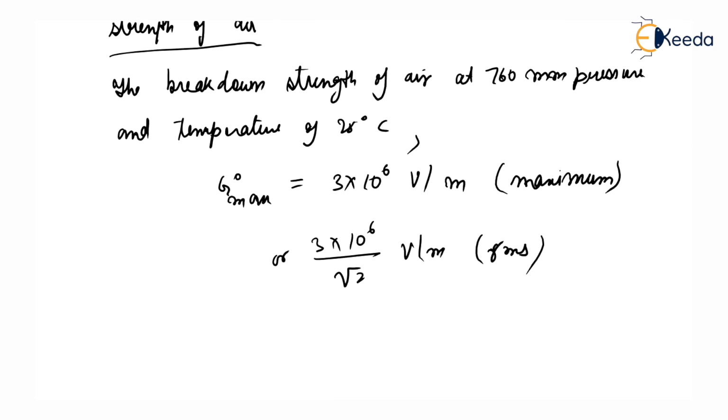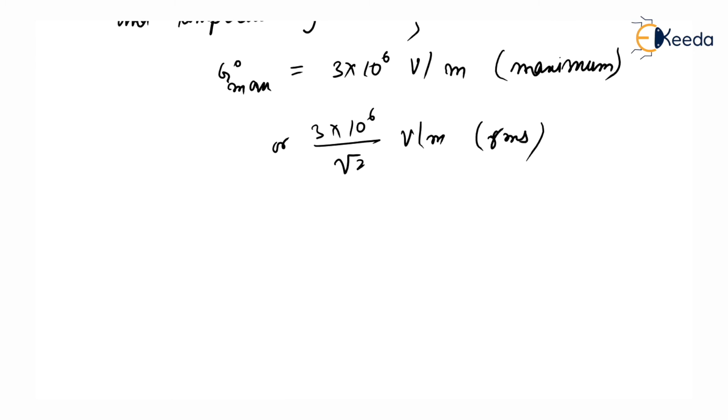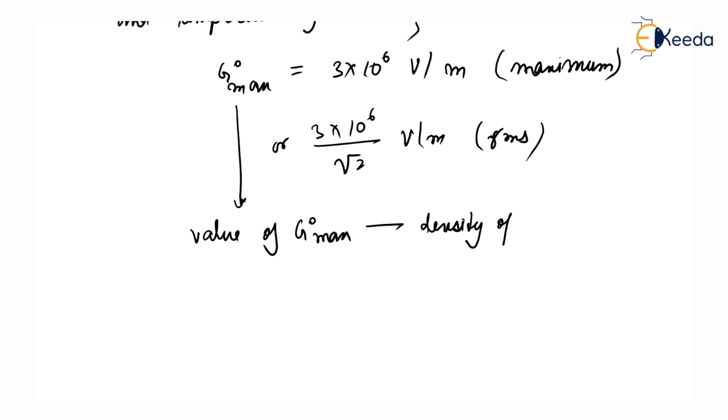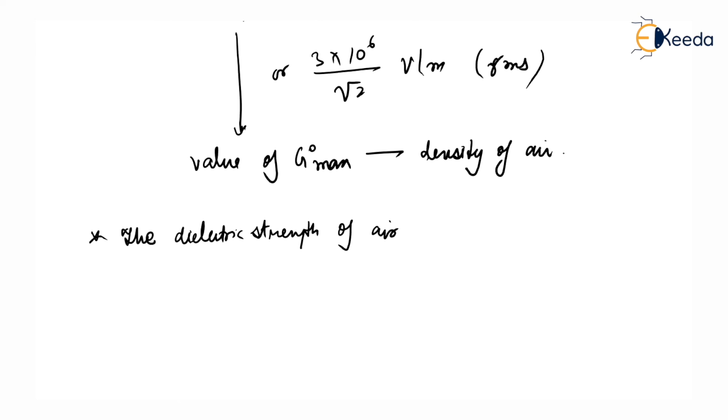And the value of this G max depends upon the density of air. The dielectric strength of air is proportional to its density over a wide range.